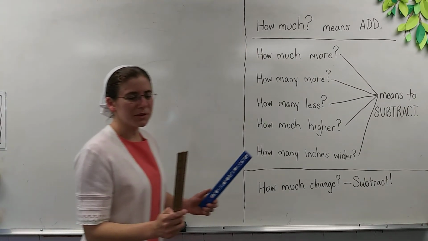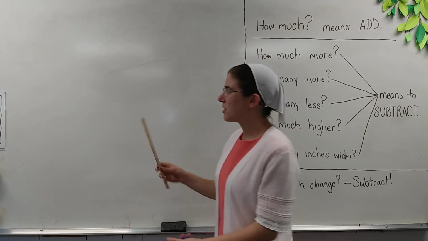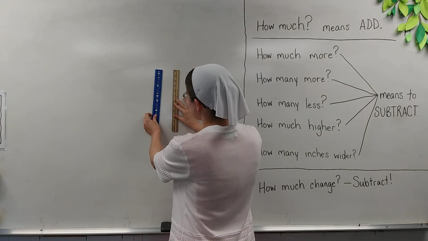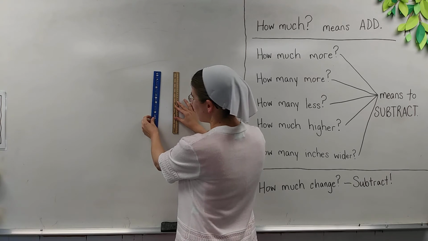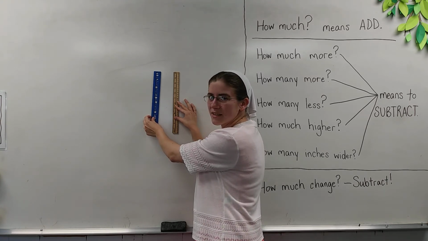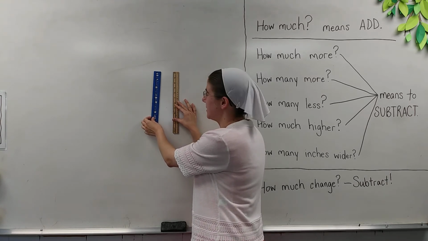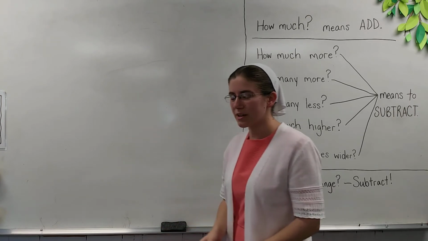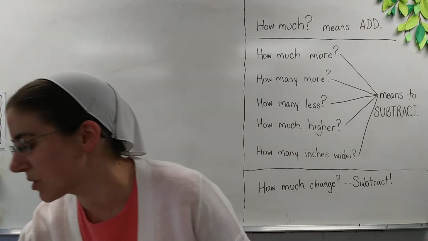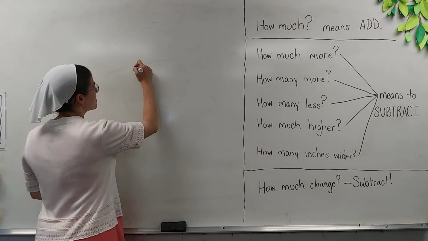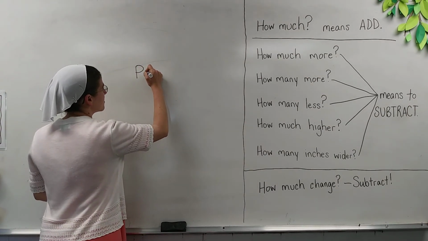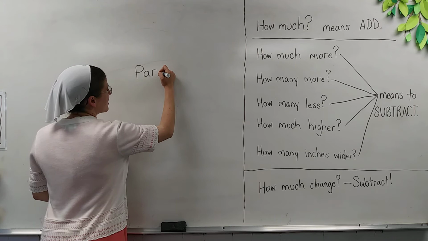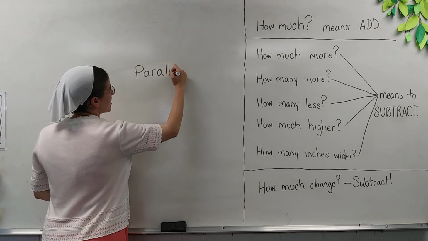Now, I have 2 rulers here, and what do we call lines like this? Let me see if I can make them. What do you call lines like that? We call them parallel lines. Remember that word parallel? I'm going to write that on the board. Oh, if I can remember how to spell parallel.